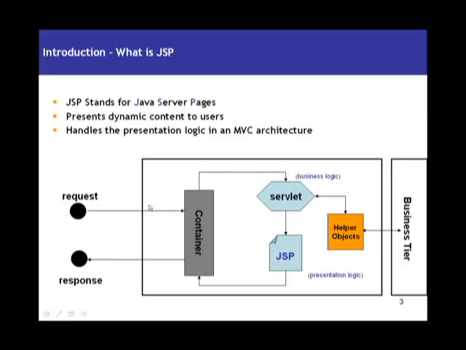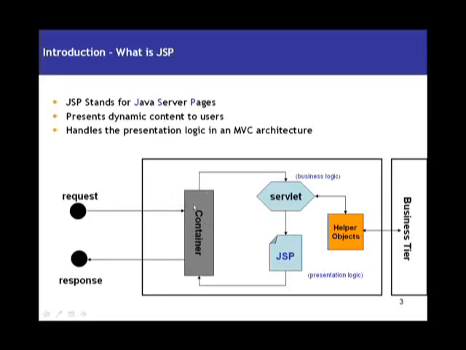Okay, so let's take a real-time example of how the flow takes place in a web application with servlets and JSPs in place. Okay, so the user sends in the request, and we know that the web container or the servlet container is the interface between your end user and the application, right?